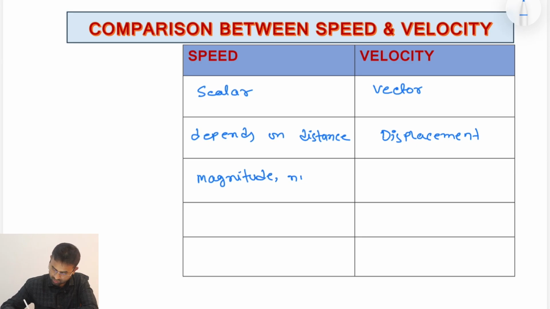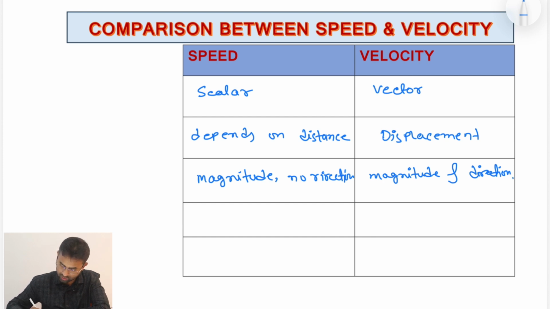It has no direction. But velocity has both magnitude and direction. If direction changes, speed will not change. But if direction changes, the velocity will change.